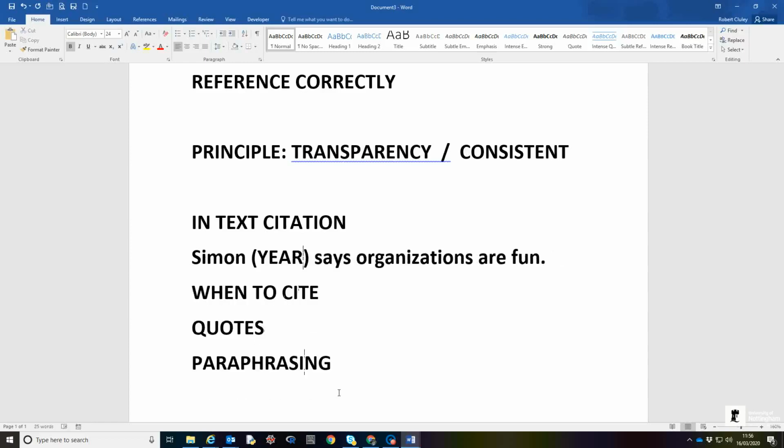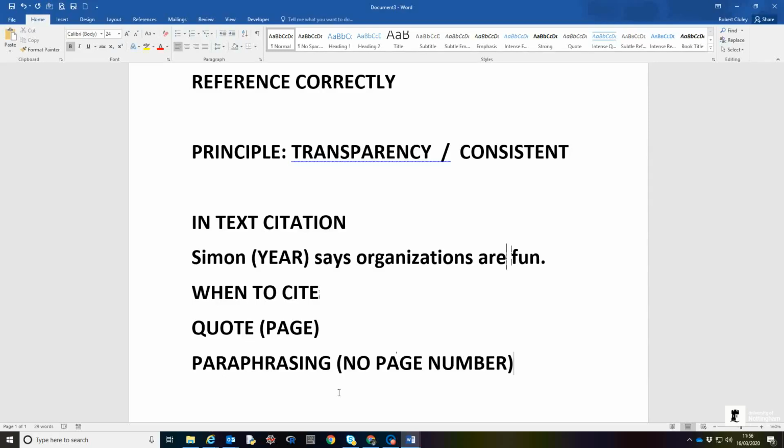The difference is, with a quote, you need a page number. When you're paraphrasing, you don't need a page number. Okay? Because the page number literally says, the text which I'm quoting appears on this page.